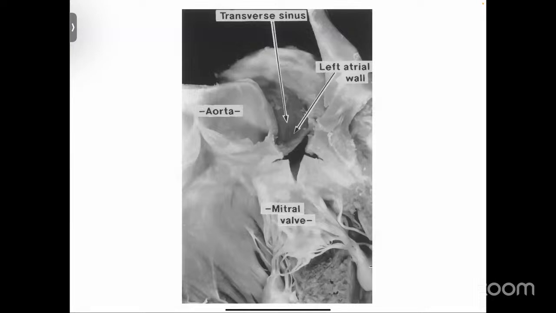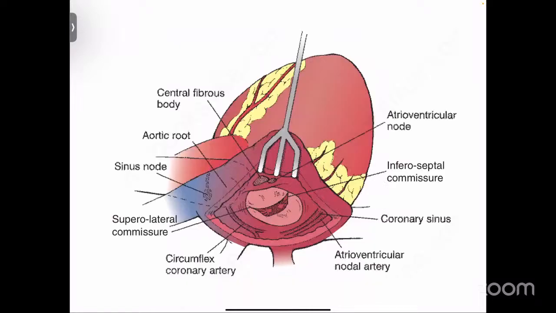An incision through this curtain can be made to extend the subaortic outflow tract in cases of enlarging the aortic annulus during replacement.